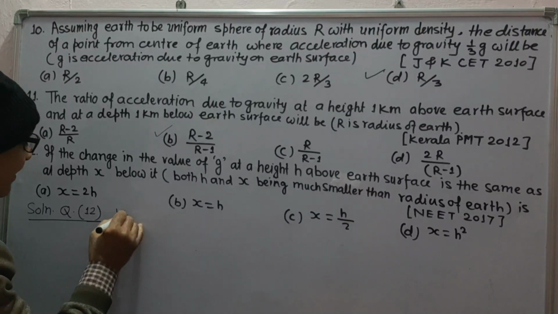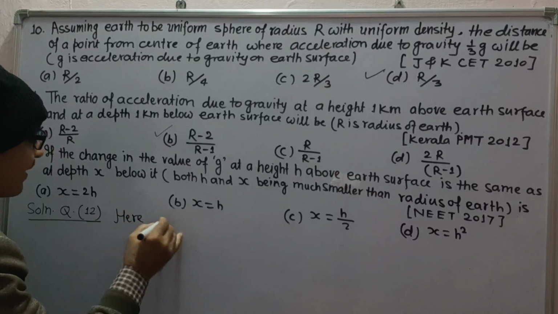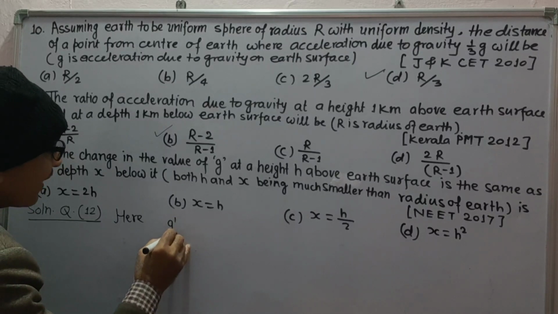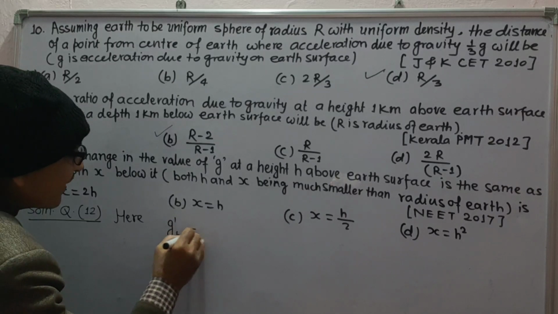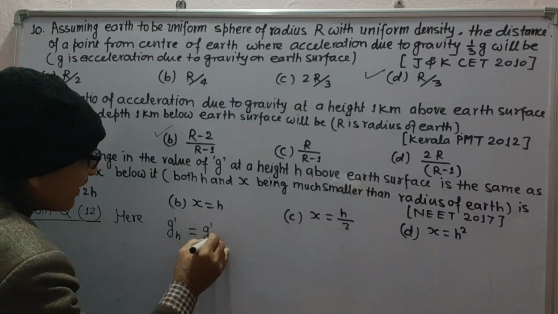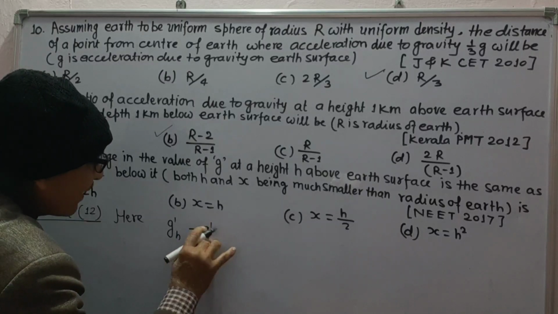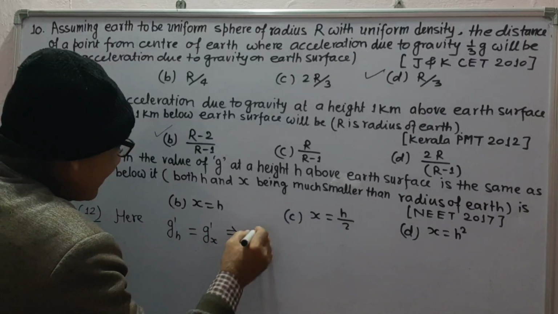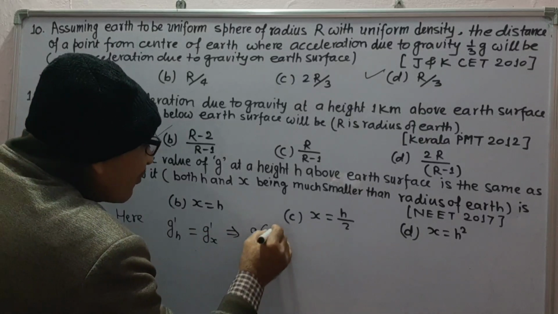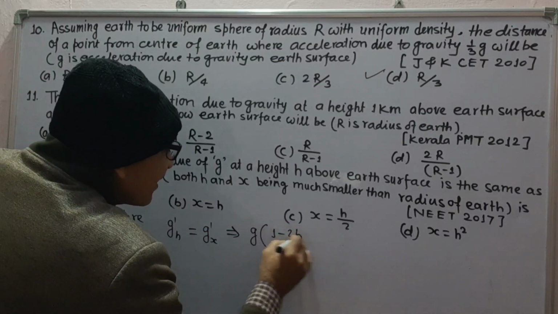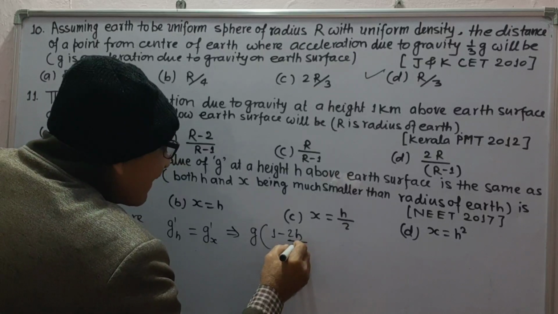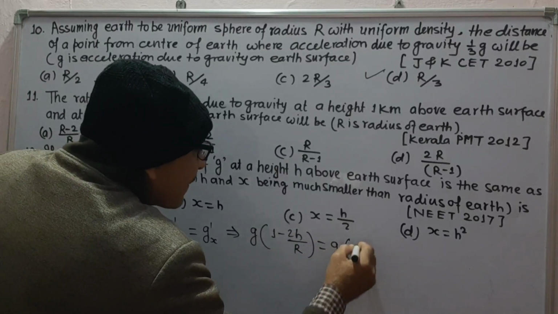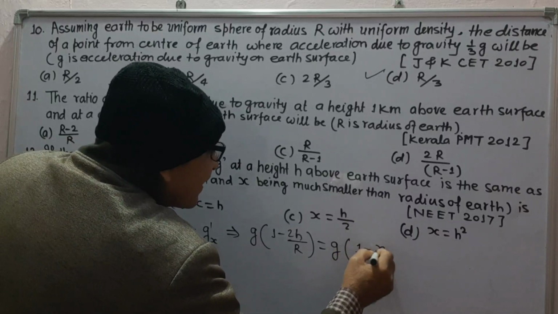Here g dash at h is equal to g dash at d, where d is x, which means that g into 1 minus 2h upon r is equal to g into 1 minus x upon r.